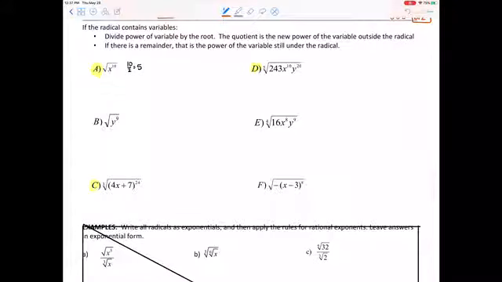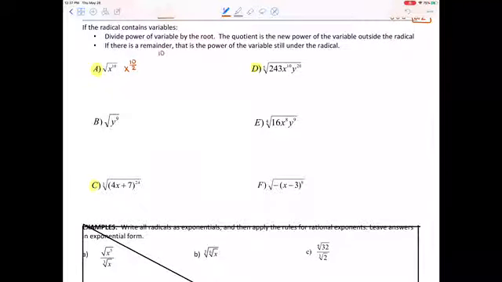Okay, if the radical contains a root or a variable, what we can do is a little bit of reducing, and I almost think it's easier to do this by turning it into a fraction. So this would be x to the 10 over 2 power.